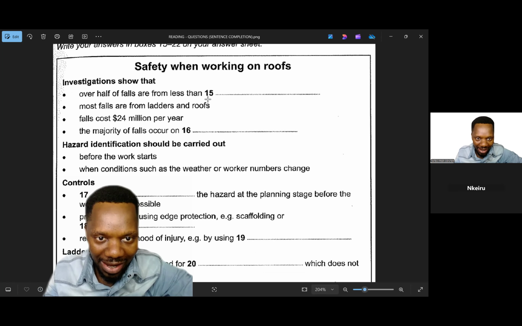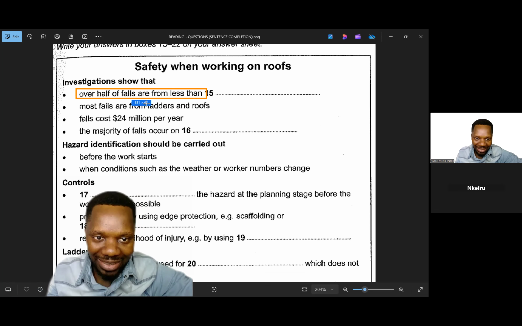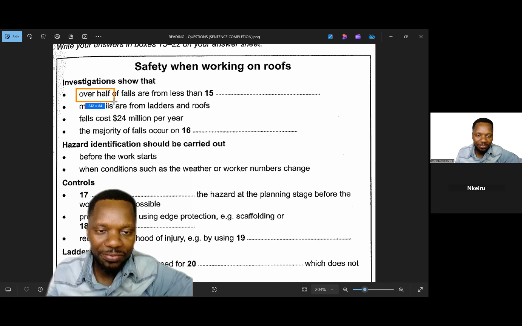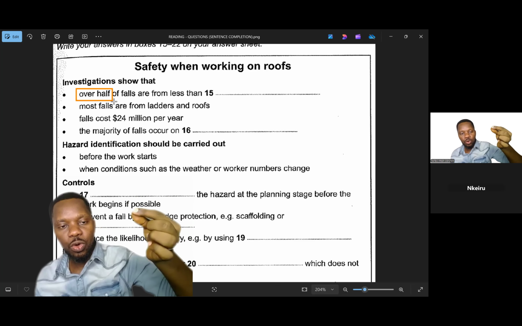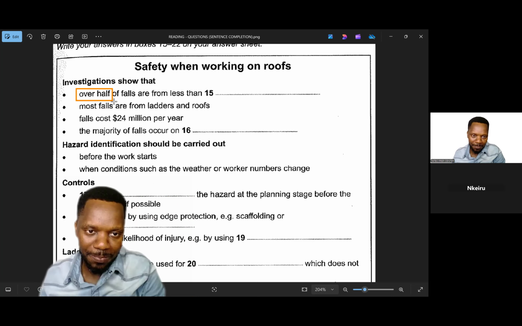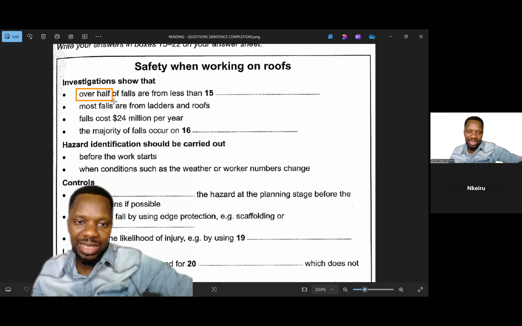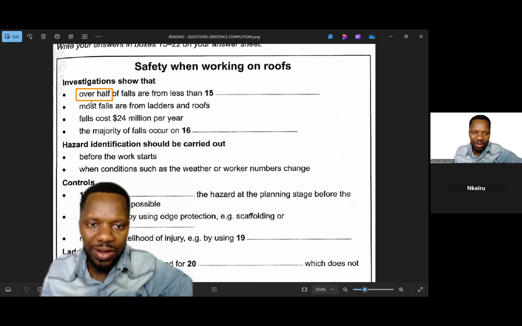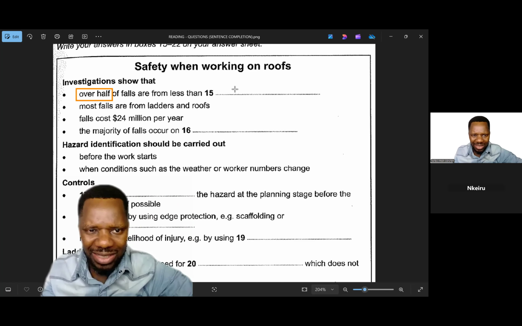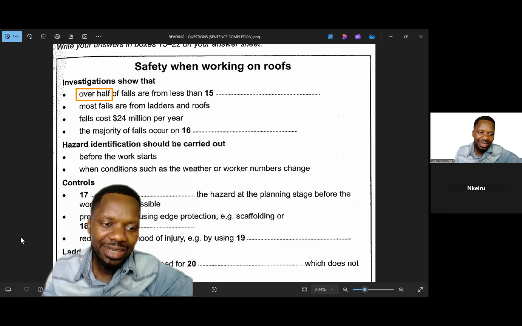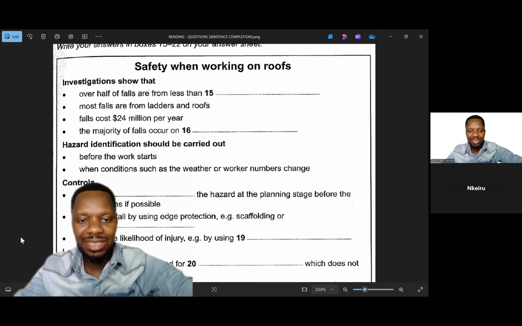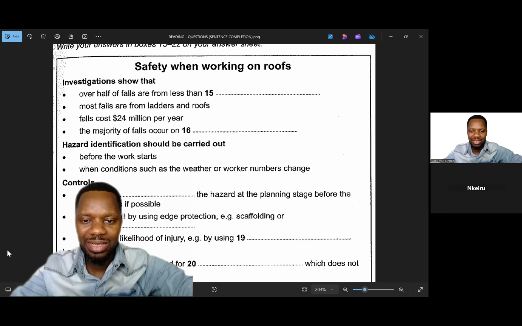It says over half. Now, in the passage, they paraphrased over half to 50%. So from that particular area, you know that over half or 50% of the falls are from less than 3 meters. Your answer is 3 meters, as indicated in the passage, as simple as that.